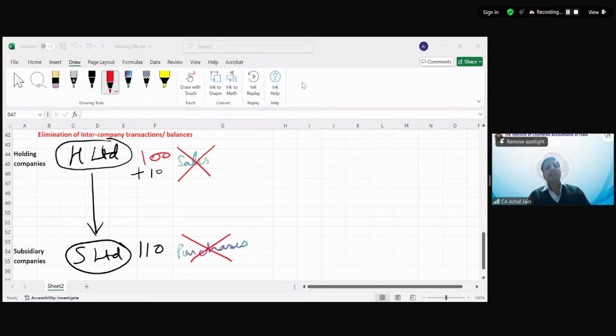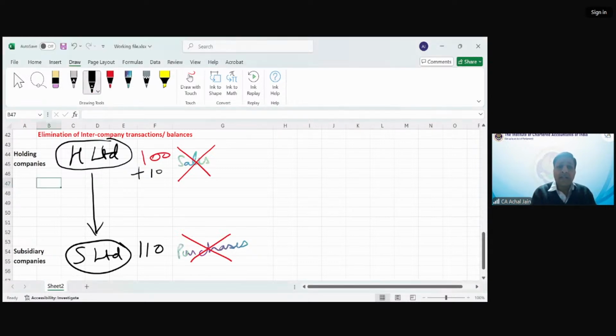Now, it may happen that after this transaction, the goods which were sold to S are still lying with S. Which means that at the year end, S has inventory of 110. Why?